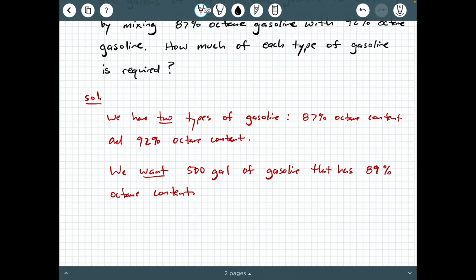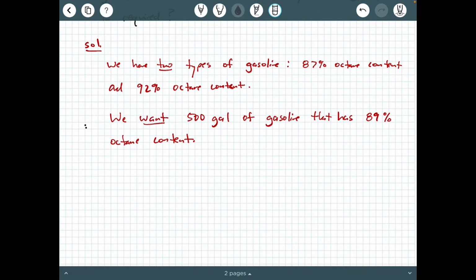So similar to our previous example, what I do is we define our variables very explicitly.